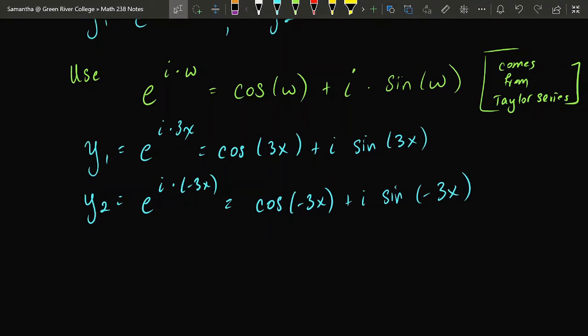Now if we use the fact that cosine is even and sine is odd, we can rewrite y2 slightly differently as cosine 3x minus i sine 3x.